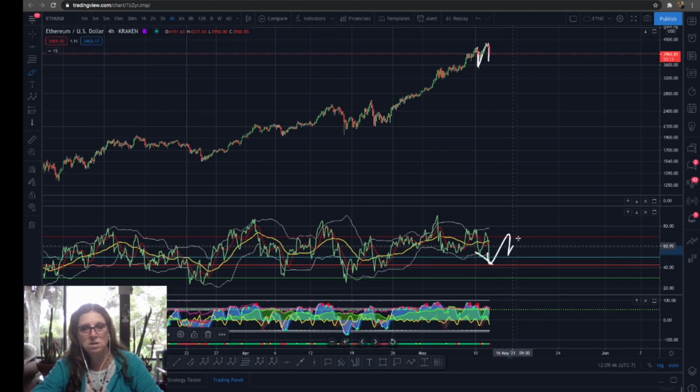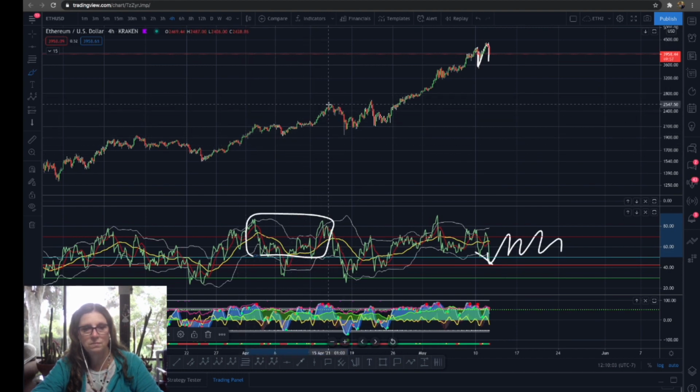This needs to stay up in this area up here. See how when we are up in the upper area, we are going to the upside. As soon as we break the 50 here to the upside, we are headed upwards. Then it had a correction, but it held the 50.